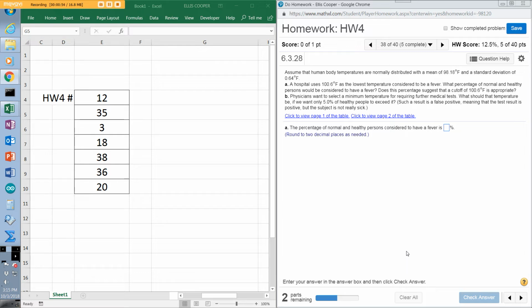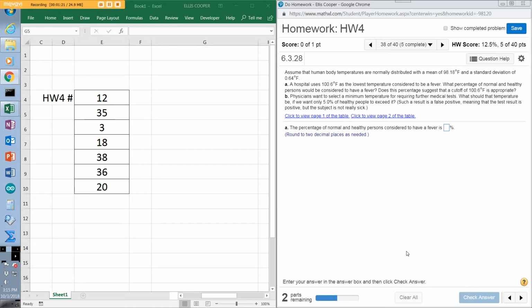And then a hospital, in part A, uses 100.6 degrees as the lowest temperature considered to be a fever. What percentage of normal and healthy persons would be considered to have a fever? Well, that means what's the probability of 100.6 degrees being the low limit for having a fever?